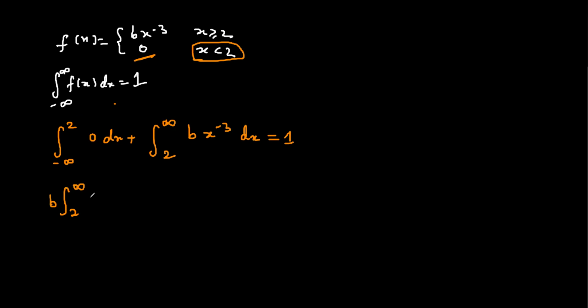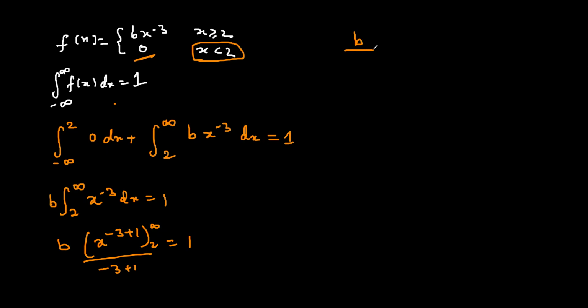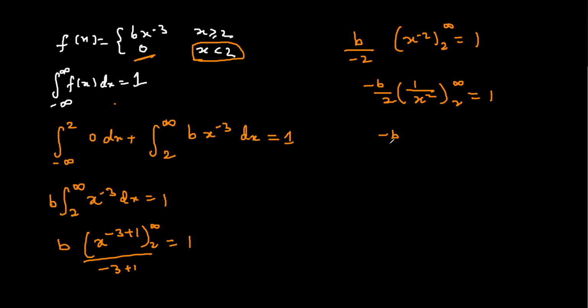b is constant, so I can take it outside. Integration of (x minus 3) from 2 to infinity, upon minus 2. You know 1 upon (x minus 2) is 1 upon x squared.